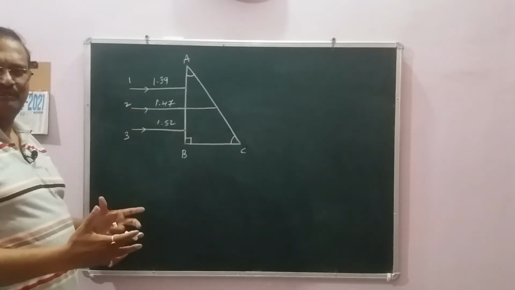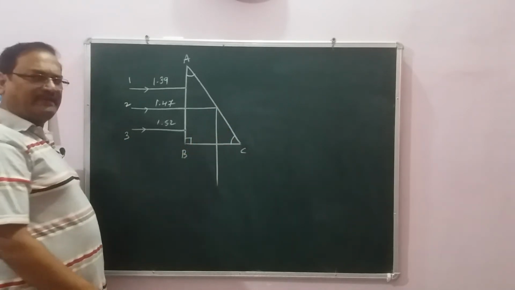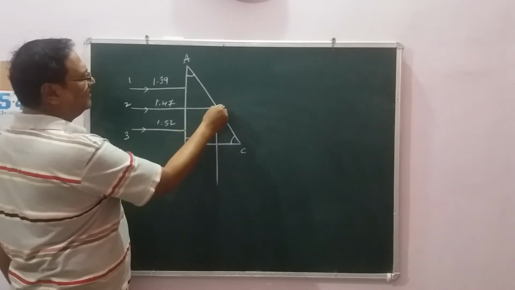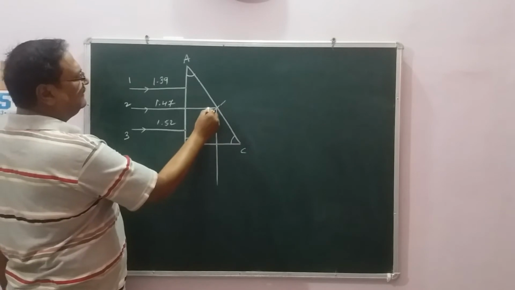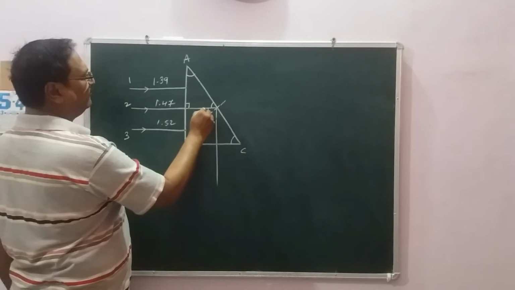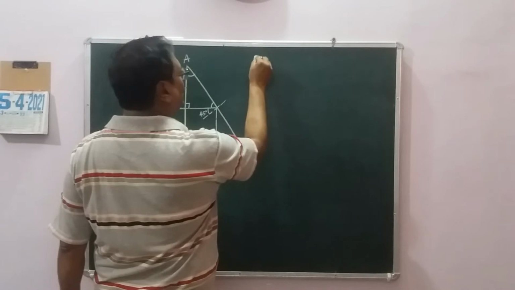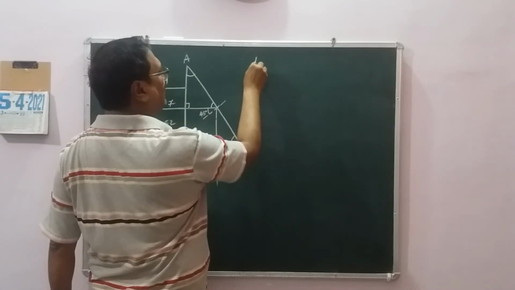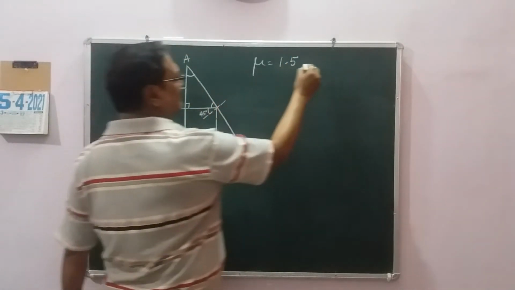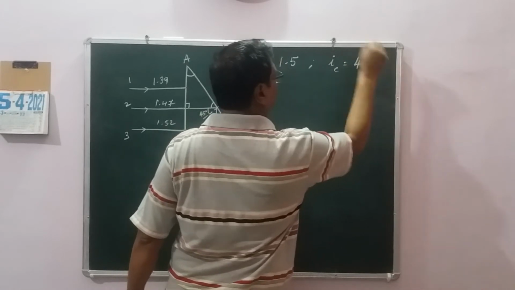Let us suppose the second ray is totally internally reflecting. So what will be the condition at that time? If I drop a normal at the point of incidence, this is going to be 90 degrees, and this is 45 degrees and this is 45 degrees. For glass, we usually take the refractive index mu as 1.5, and for glass the critical angle is 42 degrees.